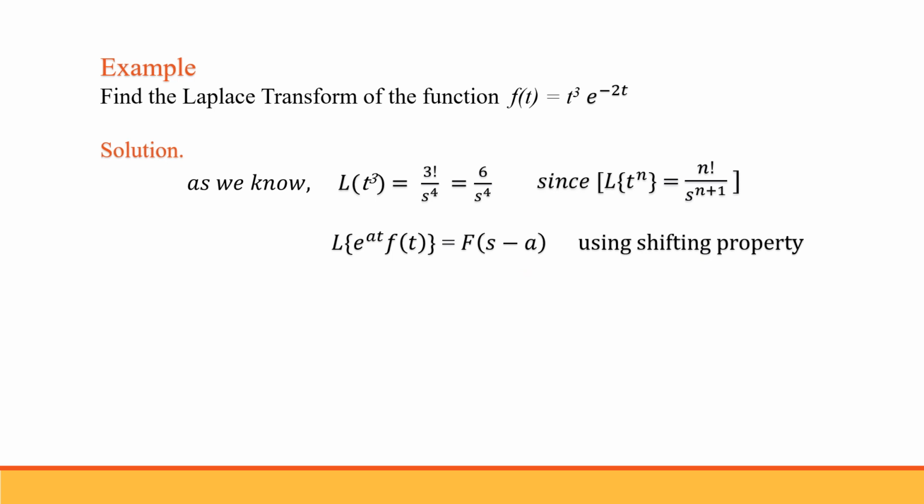By simply using the formula, we get the Laplace transform of the function e raised to the power minus 2t into t cubed as 6 by (s plus 2) raised to the power 4, by substituting a equal to minus 2. So you saw that simply by using the properties of Laplace transform and the Laplace transform of some basic functions we have learned earlier, we can find the Laplace transform of various complicated functions.